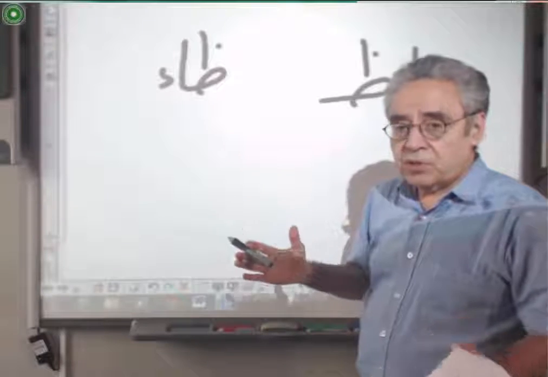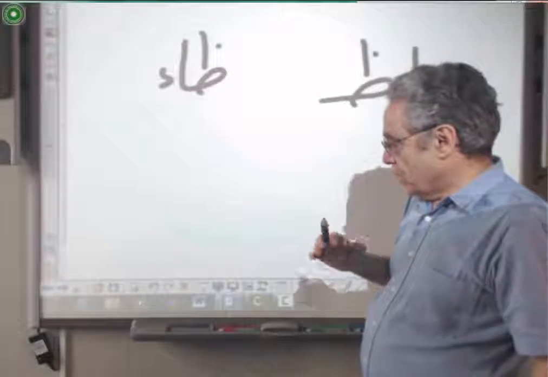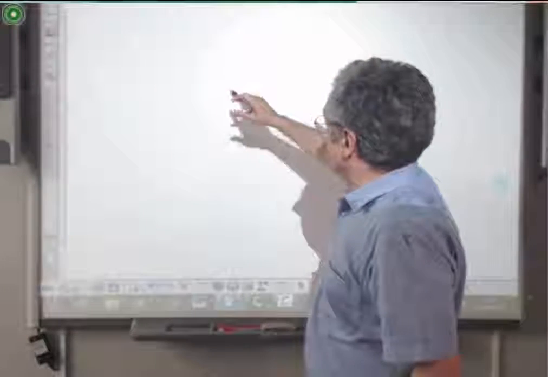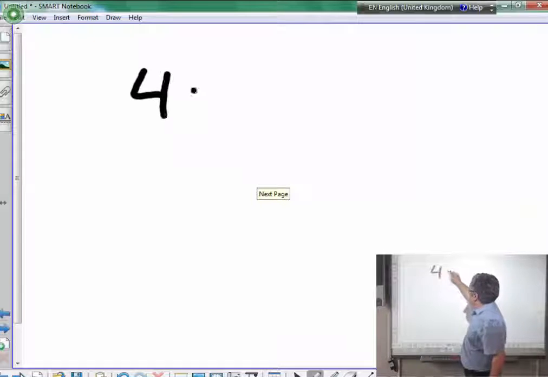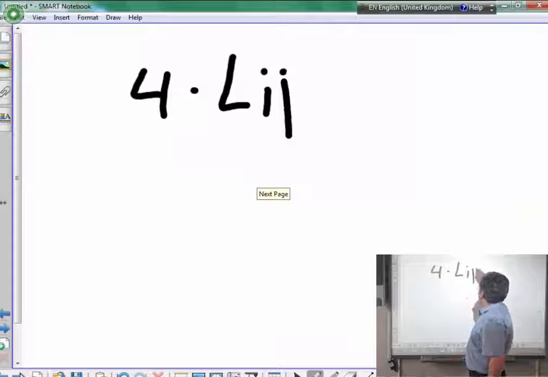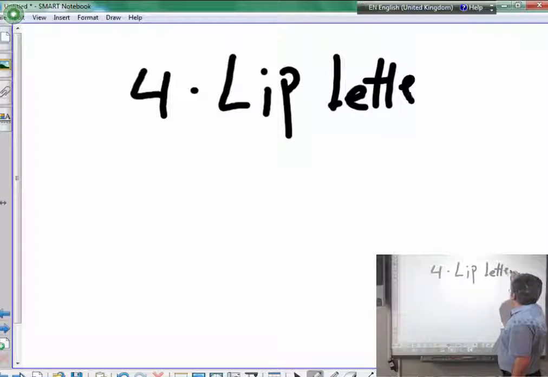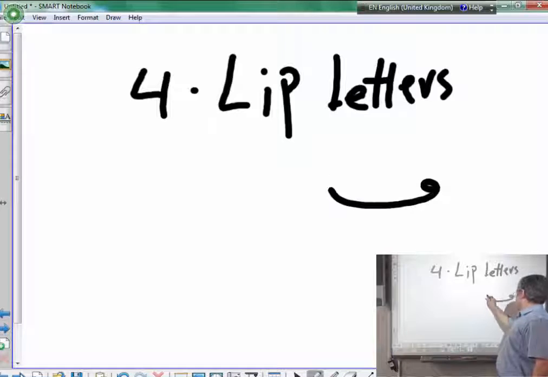So these are the letters we covered. We call them tongue letters. And the last thing we can take is the smaller group, the fourth group, lip letters. This is quite a small group of letters. We've got the first letter here.